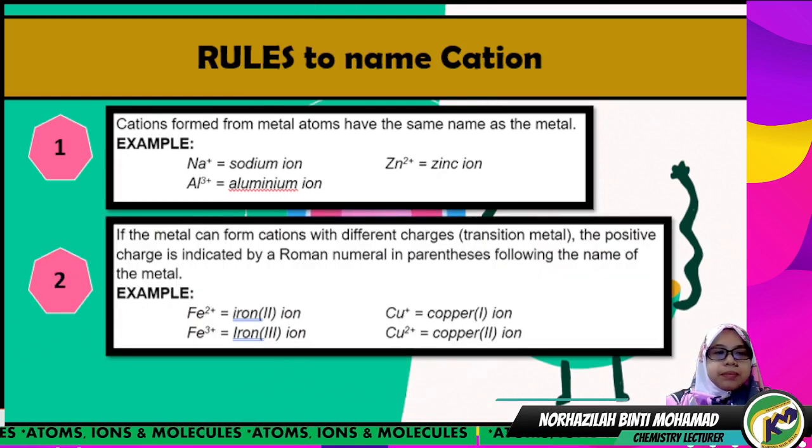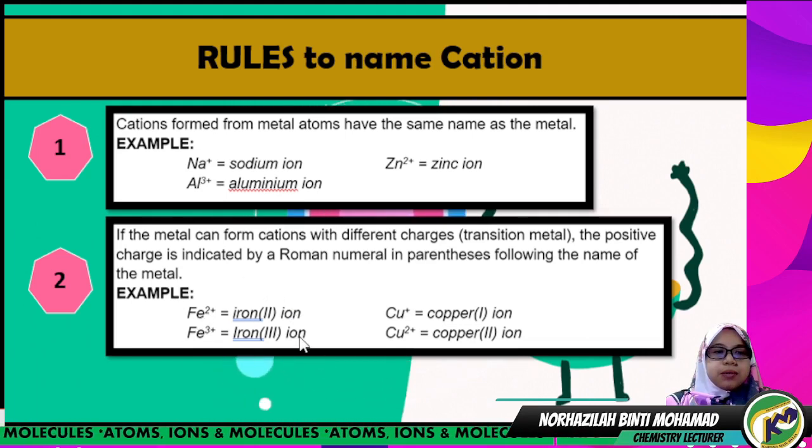Second rule: if the metal can form cations with different charges, for example the transition metals, the positive charge is indicated by a Roman numeral in parentheses following the name of the metal. For example, Fe2+.